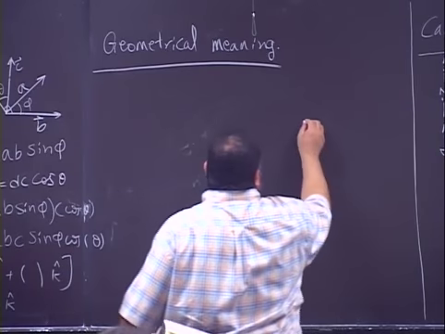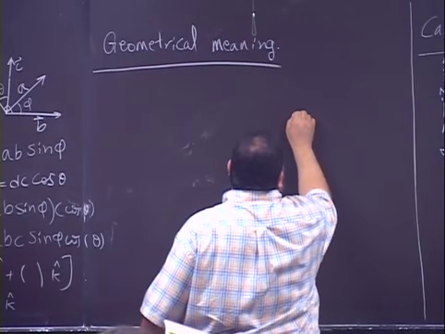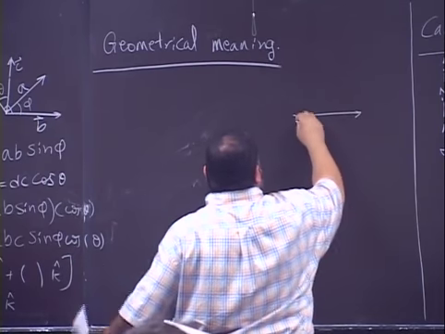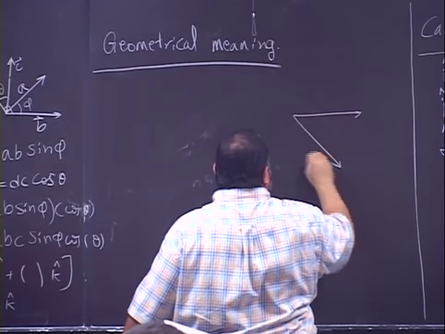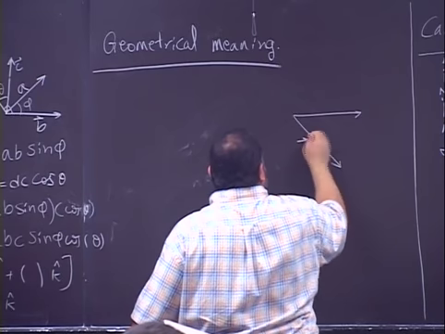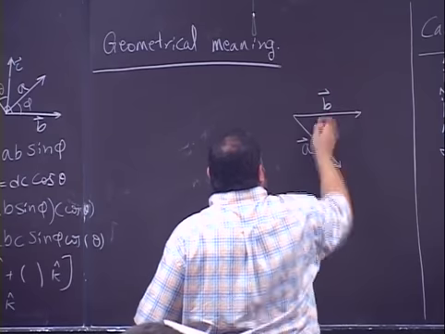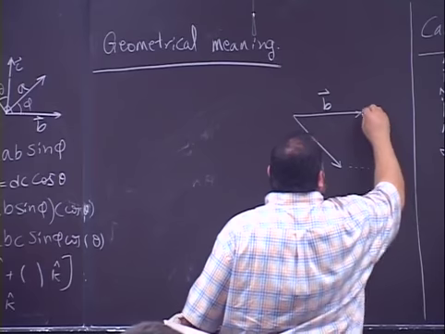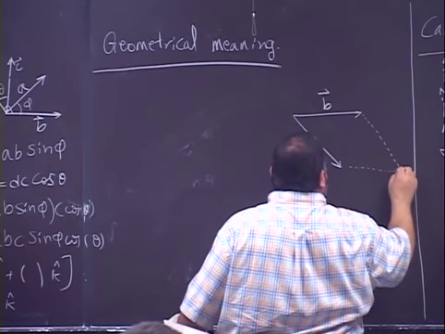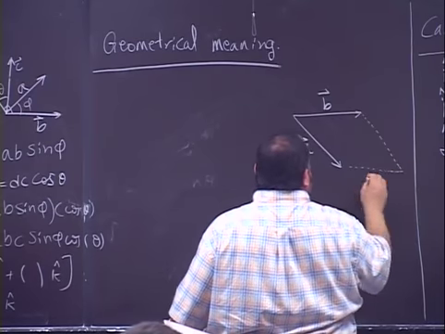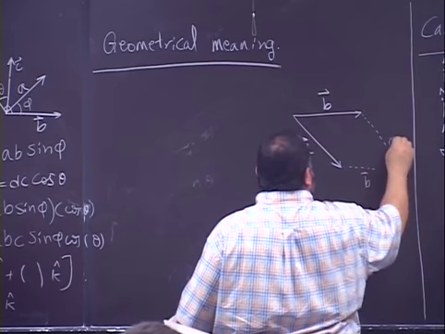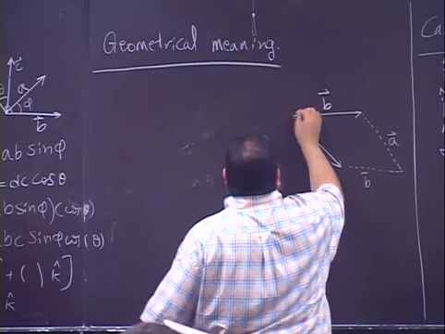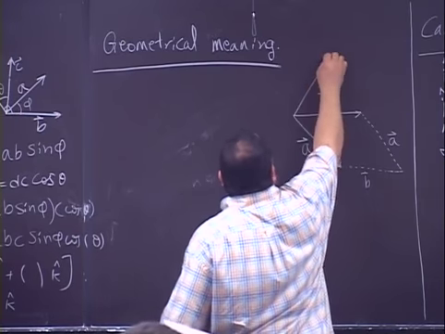If we have three vectors, here is vector B, and this is vector A. Then if you draw the parallelogram again, this will be vector B, and this is A. Now, if you have vector C, let's assume that vector C is in this direction.